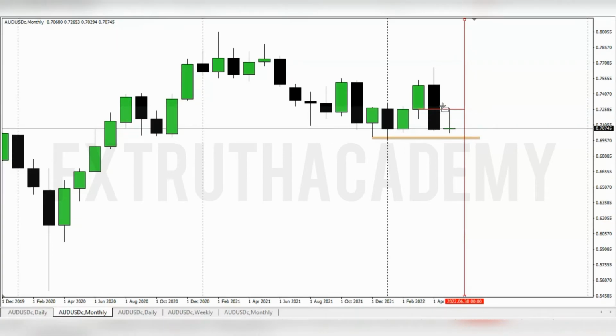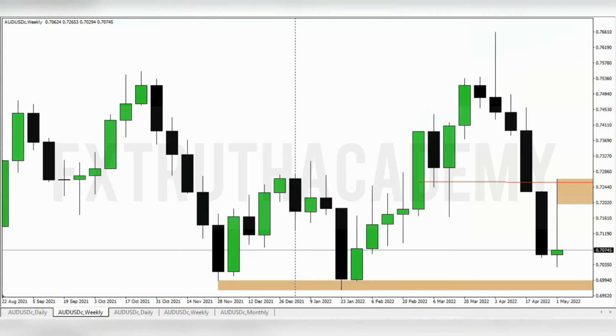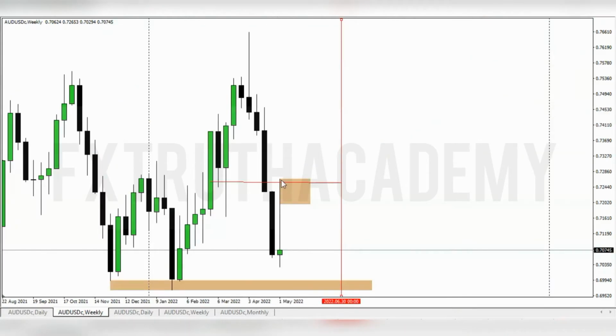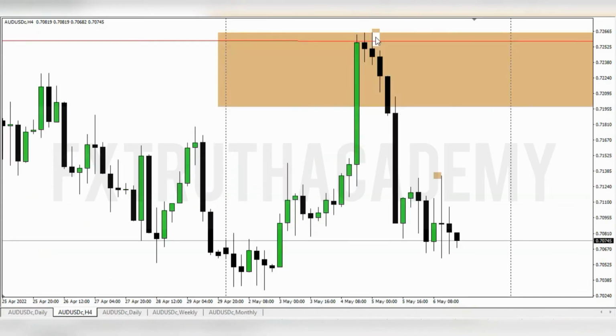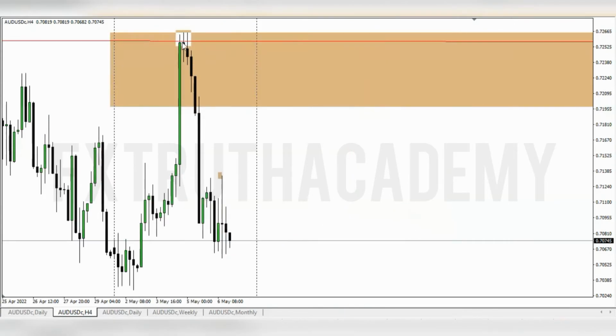If I go on the weekly time frame, it's the same thing. Is this our same region, that high of the week on Thursday? So price traded into where? Into the monthly bearish order block. And that created the high of the week.